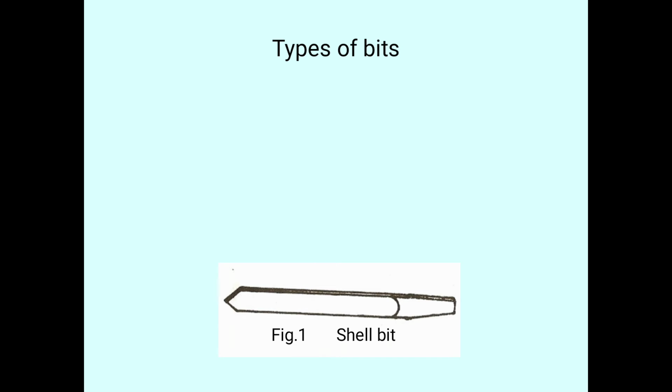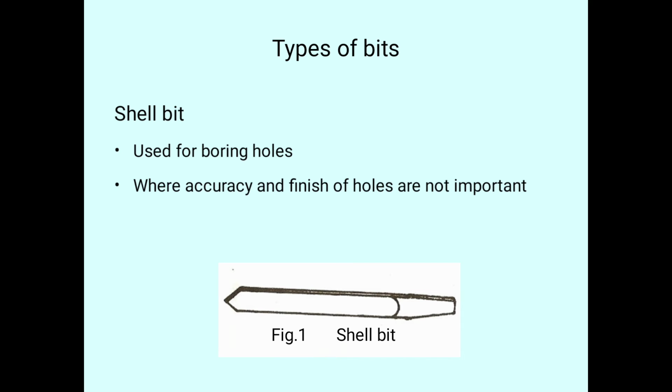The first one is the shell bit. Look at the figure here. This is the diagram of a shell bit. This shell bit is used for boring holes where accuracy and finishing of holes are not important.